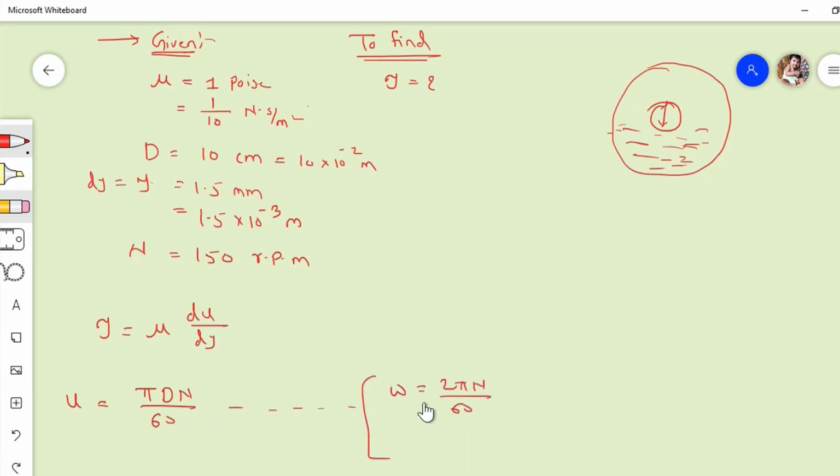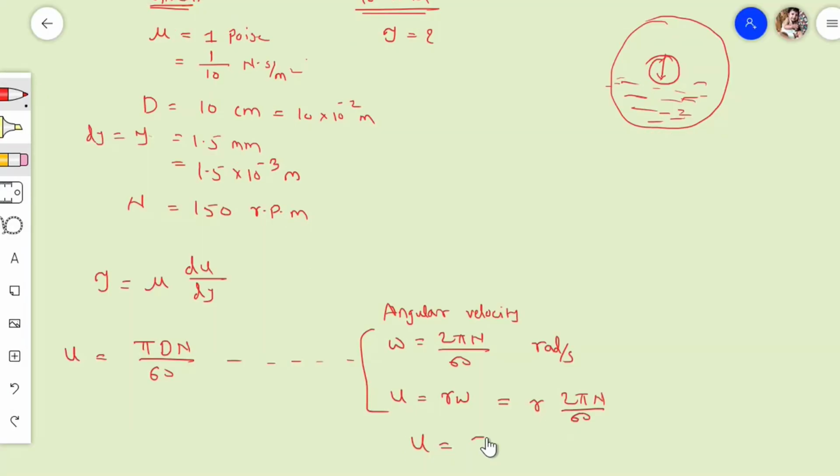Omega is 2 pi N by 60, unit is radian per second. This is the angular velocity, and to convert it into linear velocity we use the formula r omega. So I put the value of omega here. Therefore u is equal to pi d N by 60. So with this you can find out u.